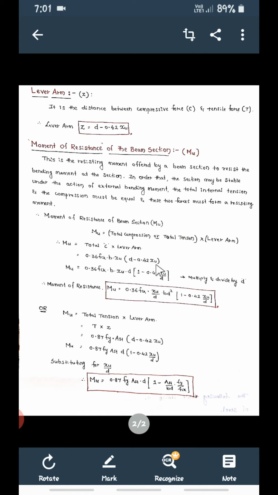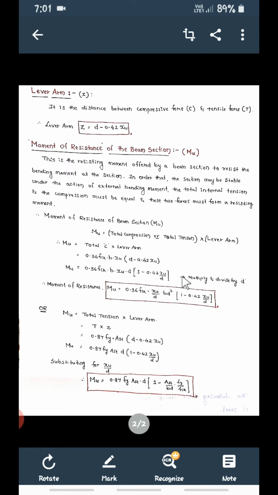That gives the moment when you consider force C. So it comes out as 0.36 fck b xu into d. If you take d outside, what remains is 1 minus 0.42 xu by d.